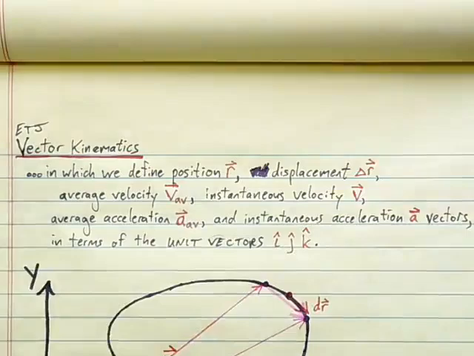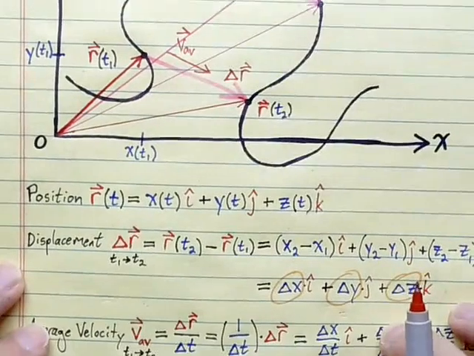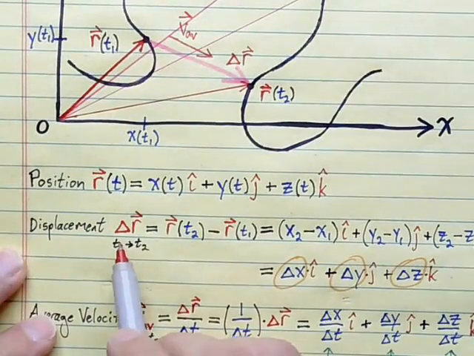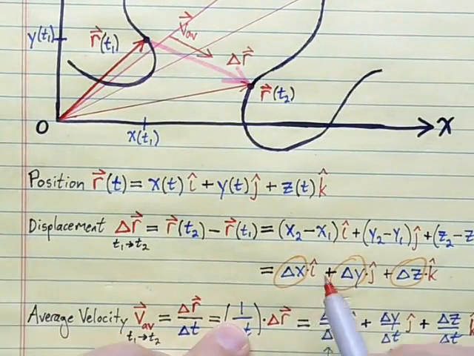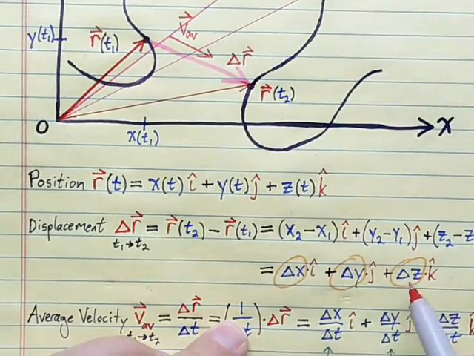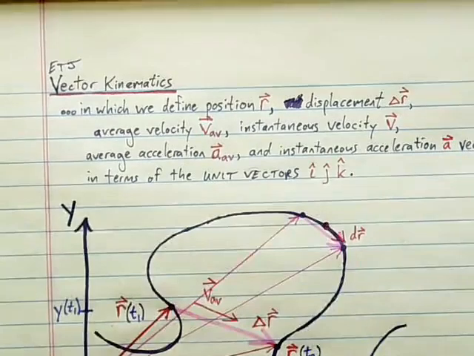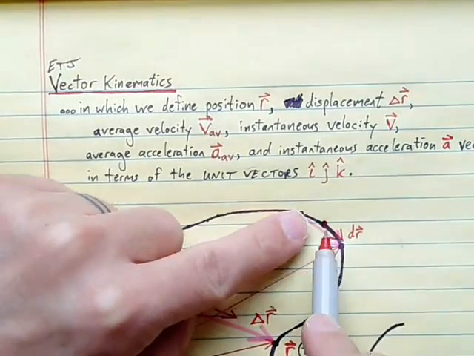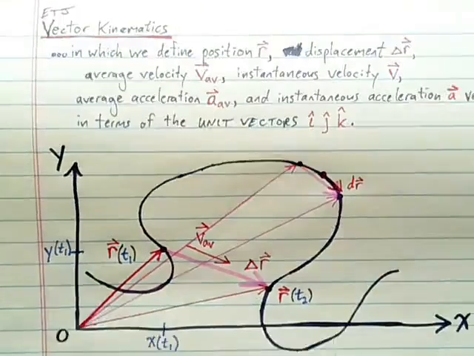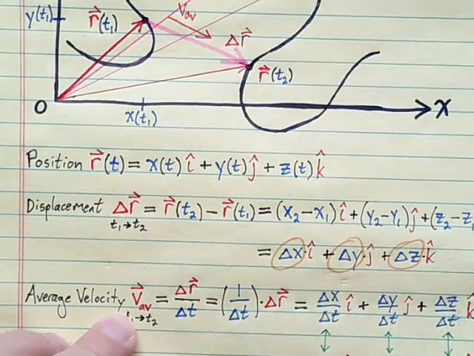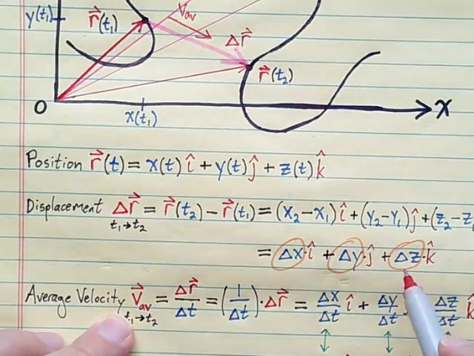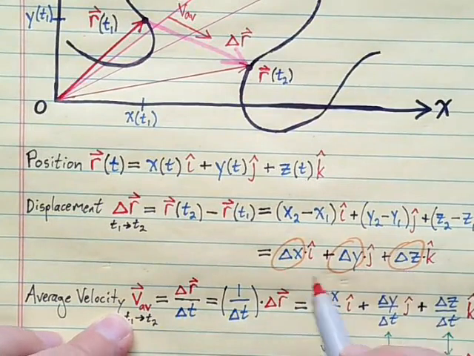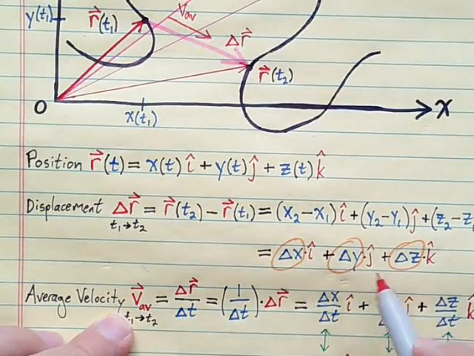Now, in analogy with our displacement vector of finite length, it having components delta x, delta y, and delta z. Well, as the time interval shrinks to 0, then the displacements shrink down to 0. So our displacements delta x, delta y, and delta z will shrink down to being infinitesimally small dx's, dy's, and dz's.